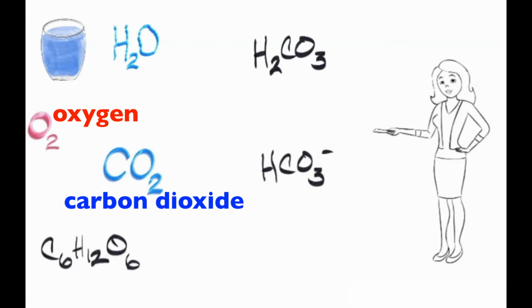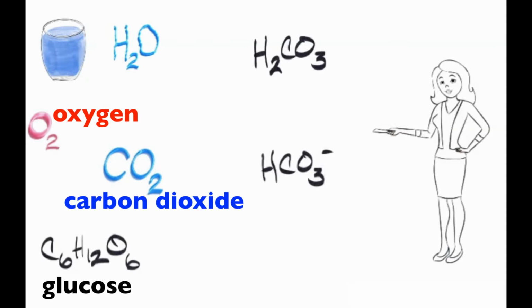CO2 is a byproduct of that. So don't worry too much about that, but they play part and parcel with each other in that process. Down here on the left, we have glucose, which is the main fuel that's broken down to produce ATP. We will talk extensively about glucose in this class.